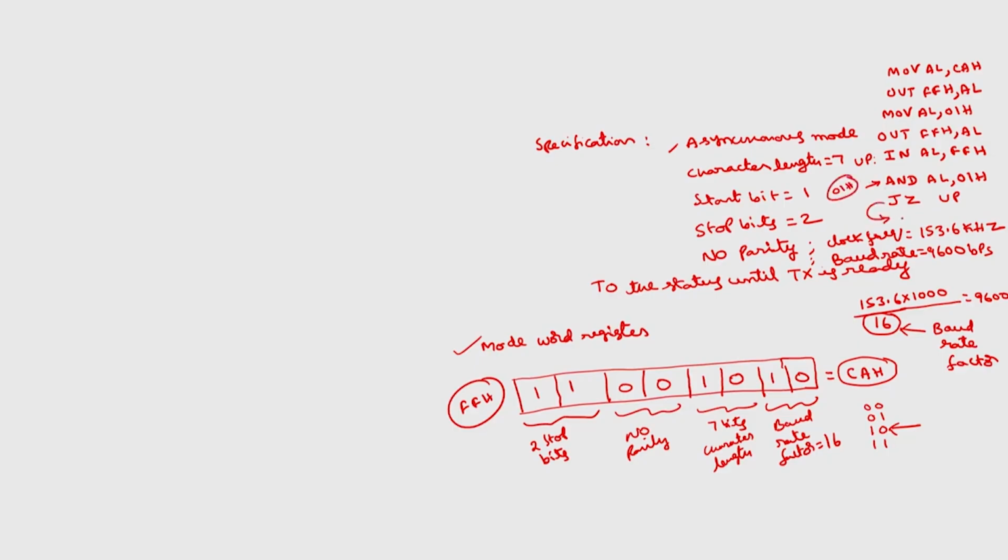Now, we can transfer the data. Here you can write the program to transfer the data. This is how you can write the program. We can connect the RS-232 interface to this microprocessor and you can write the programs. We will discuss some more programs in the next lecture, which will probably be the last lecture. Thank you.